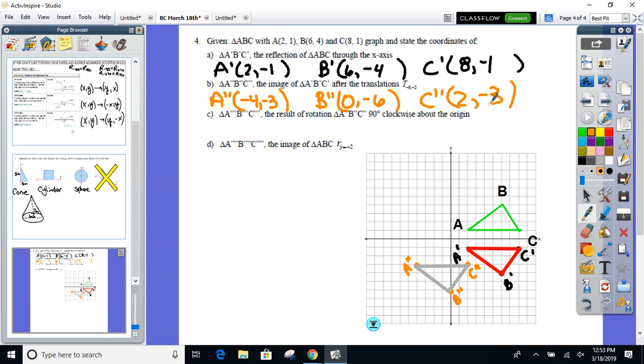Okay? Clockwise, clockwise. This should be interesting here, clockwise, like a clock. So do you turn your paper right? Do you turn it left? Clockwise.